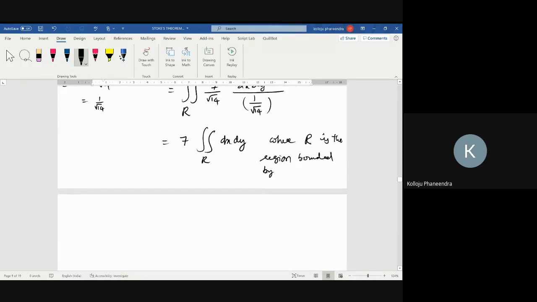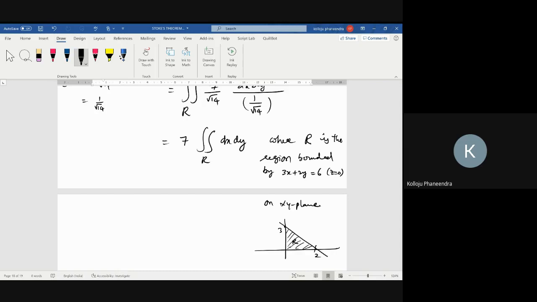R is the region bounded by 3x plus 2y equal to 6, z equal to 0, on the xy plane. That means it becomes like this. This is 2 and this is 3. Correct? This is region R.